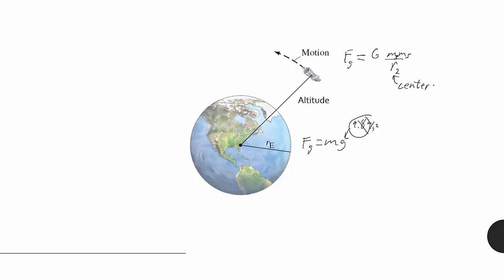And you got to be a little careful, because some problems will just give you the distance and some will give you the altitude. If they just give you the altitude, you have to make sure and add on the radius of the Earth to get the entire distance between the centers of masses of the two objects.